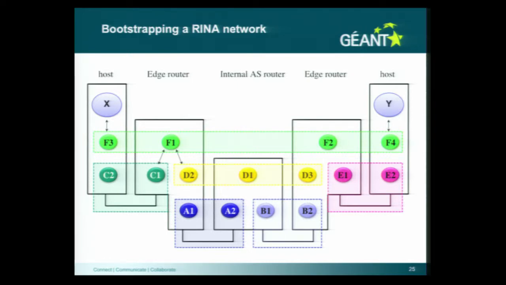So F3 resolves the address of F4, which is distributed within the DIF. This could be done in a way, could be DNS. We think that it's more scalable using a distributed hash table, and we're implementing it that way, so that F3 knows somehow how to reach F4, but this is not unlike the current internet.